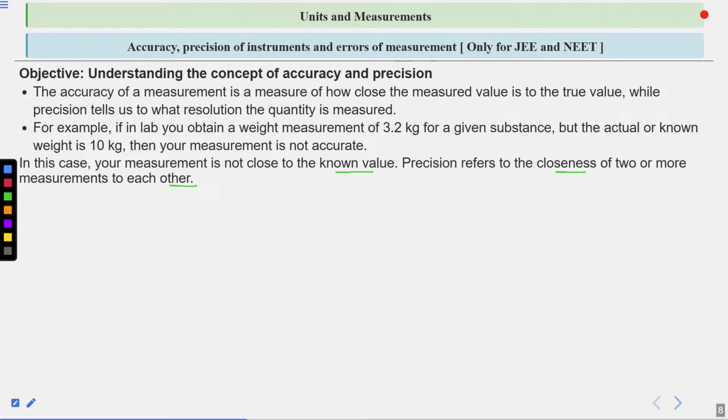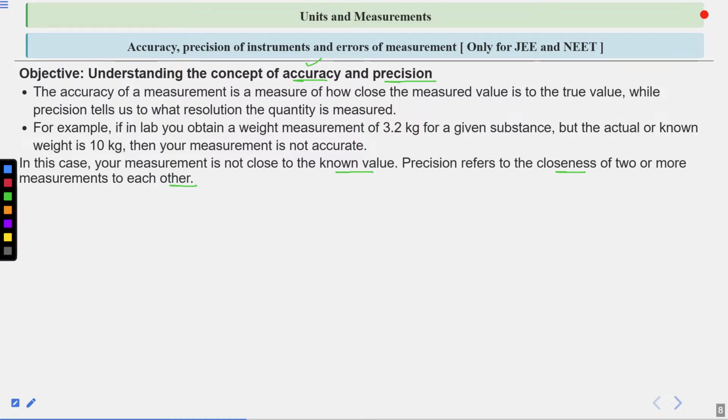There are two terms, listen carefully. First is accuracy and second is precision. Accuracy tells us about the true value, whereas precision tells us to what resolution the quantity is measured. So here we have an example.